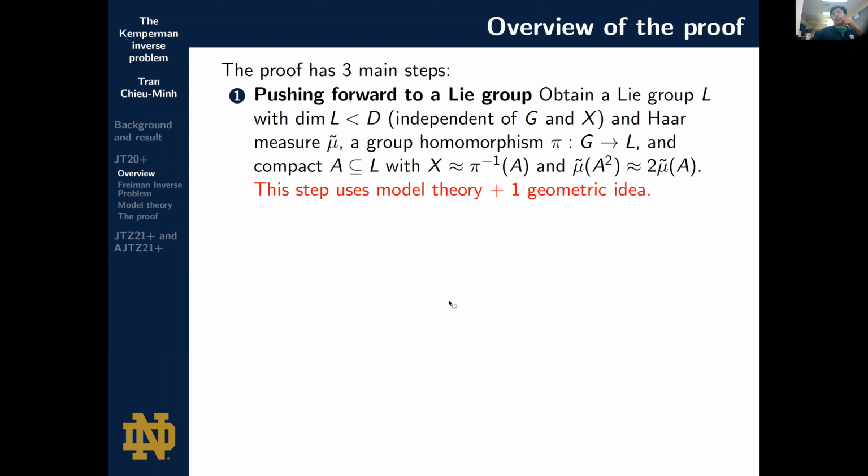So the structure of the proof has 3 main steps. The first step is we want to reduce the problem to a Lie group with bounded dimension, right?